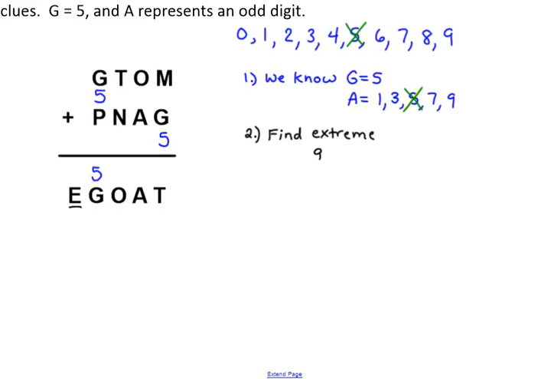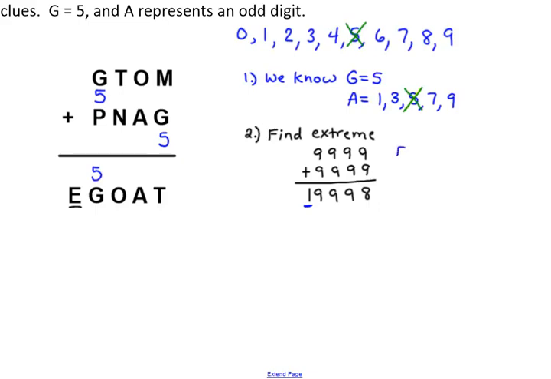If I make a 4-digit number with all 9s, and I add another 4-digit number with all 9s, those are the two biggest numbers that I can add together that are 4 digits. And so I add them together and I get an answer of 19,998. So that's telling me that E must equal 1.